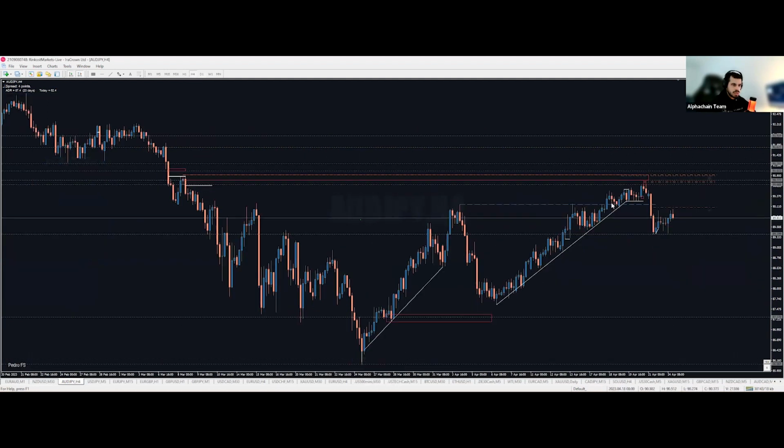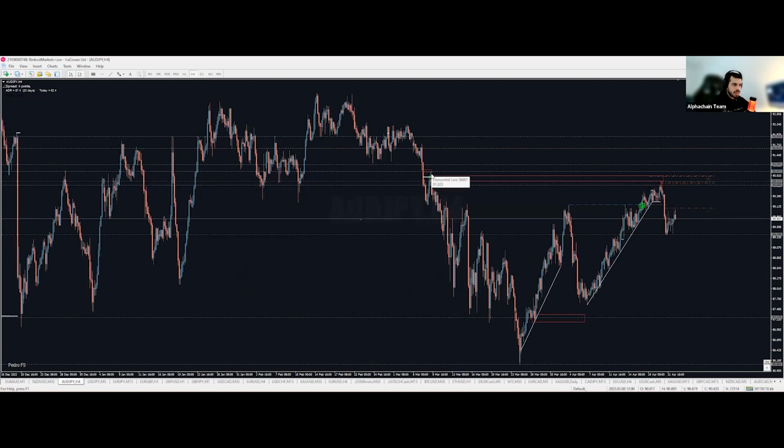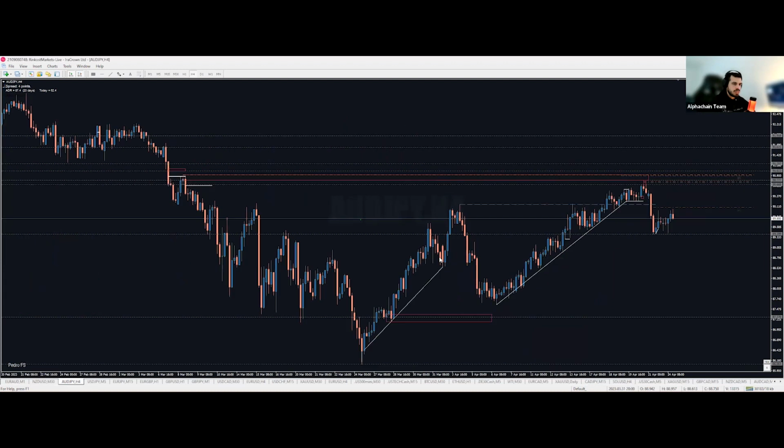I think price was somewhere in here when you started to look at that, and you saw all this compression. Price hasn't really reached that extreme, and then we noticed this high in here would be the natural zone to look for a target for price to complete the move upwards, with even the possibility of maybe fake out the high and getting a little bit higher. But at least all the way through this end of the level, that will be the level.